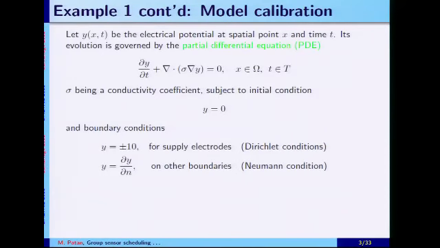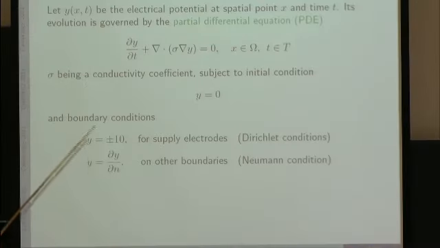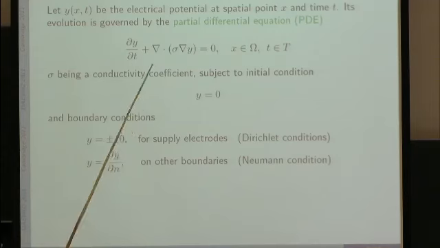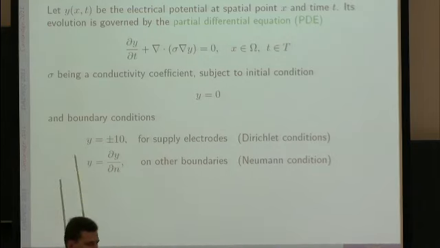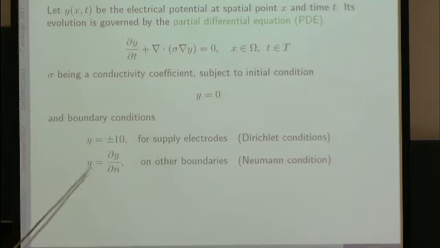So in our example, we have a collection of partial differential equations which depend, in this case, on the conductivity coefficient, which cannot be measured directly; it has to be reconstructed based on the measurement of the system state.